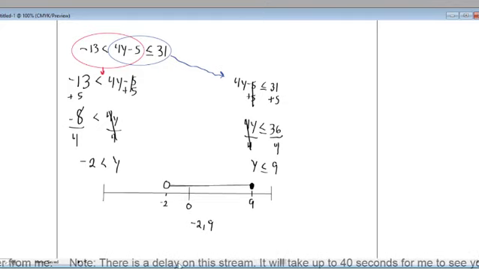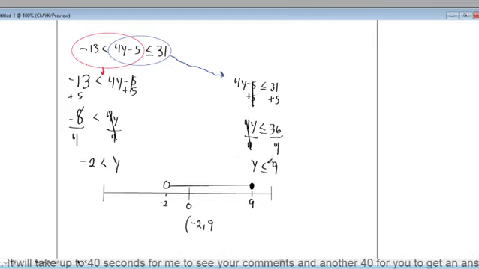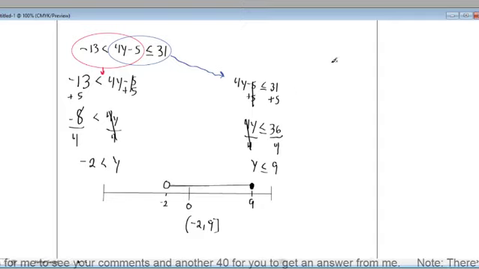And then we need to say whether we can be equal to these or not. Well, this is an open circle. This doesn't have a line on it. Either of those things should tell you that this is not equal to. This one's a closed dot. We've got a line under this one. Either of those things can tell you that this is equal to. And so there's our answer.